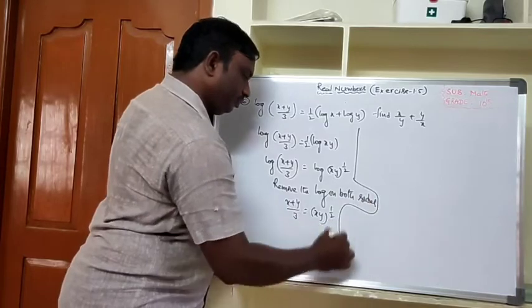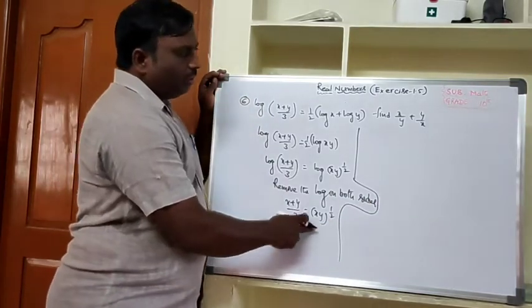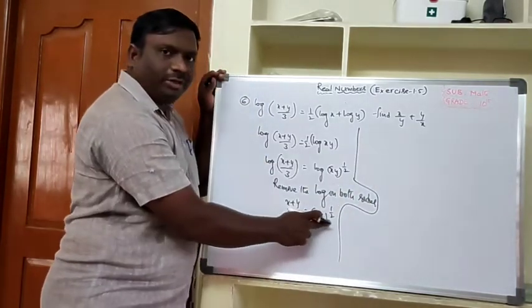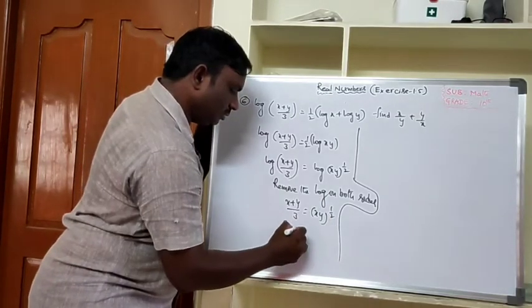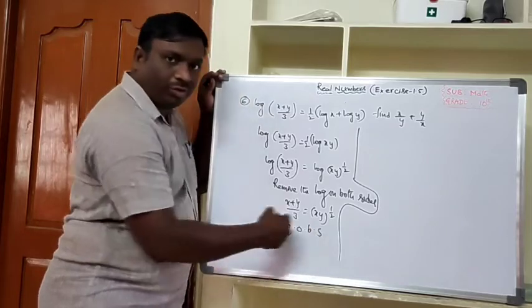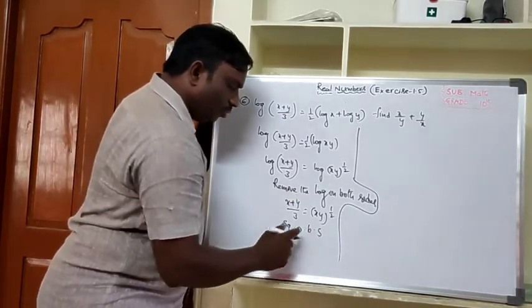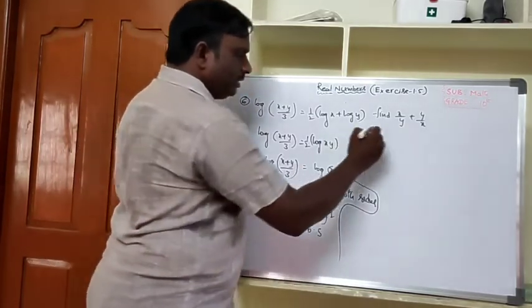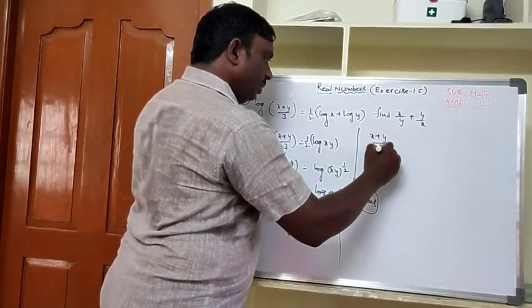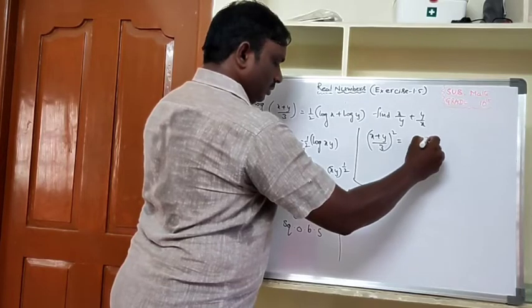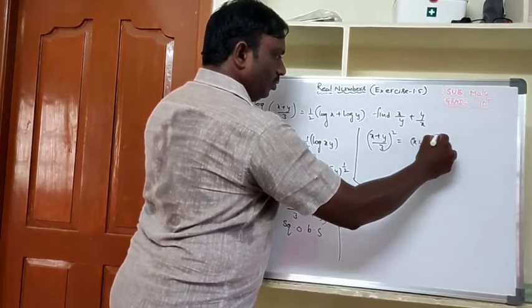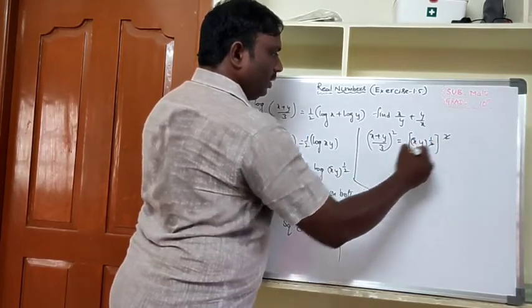Okay. So to get x by y plus y by x, here 1 by 2 is there. To remove that 1 by 2, square on both sides. Don't write SQBS in your notebook, or write the full form, squaring on both sides. That means ((x plus y) by 3) whole square equals (xy) power 1 by 2 whole power 2. 2 gets cancelled.